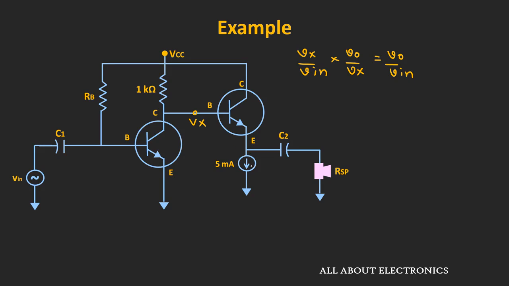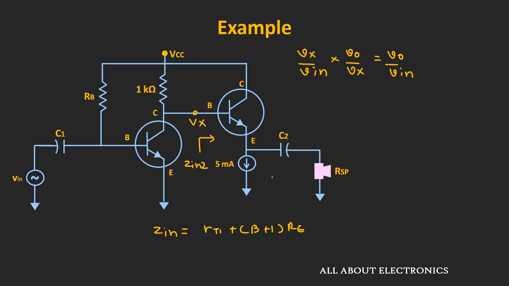So here to find the ratio of Vx and Vin, first of all we need to find the input impedance of this stage. So let's call this input impedance Zin2. Now for the emitter follower, we know that the input impedance is of the form r_pi plus (beta plus 1) times Re, right? But here instead of the emitter resistor there is a current source.